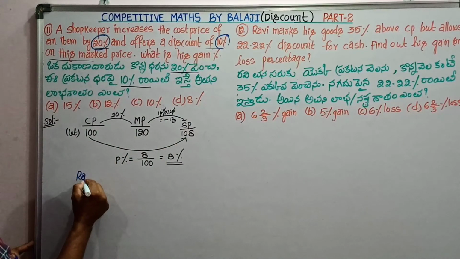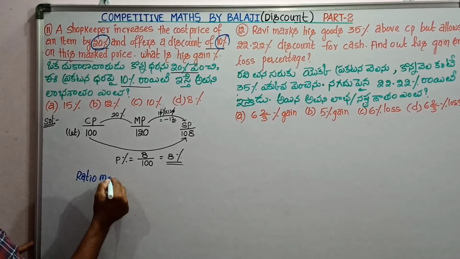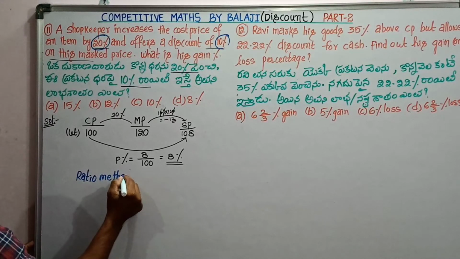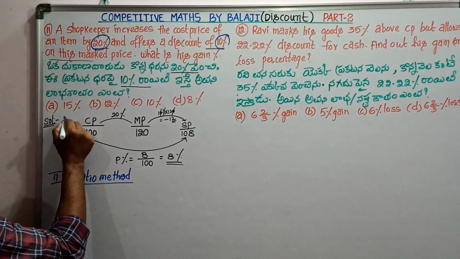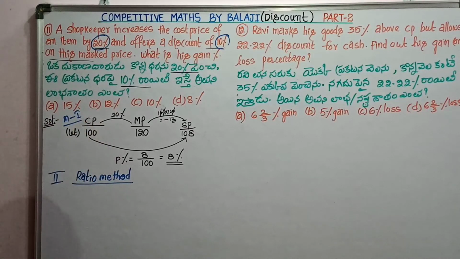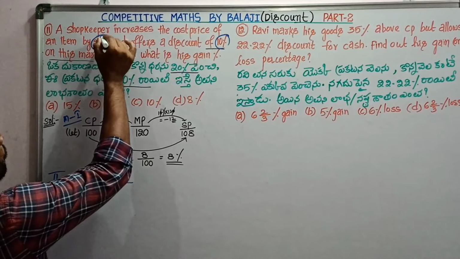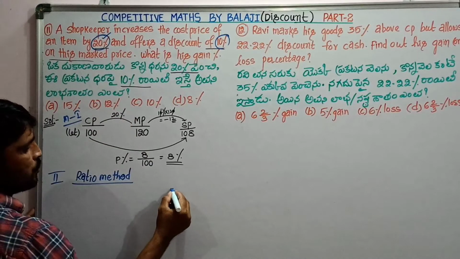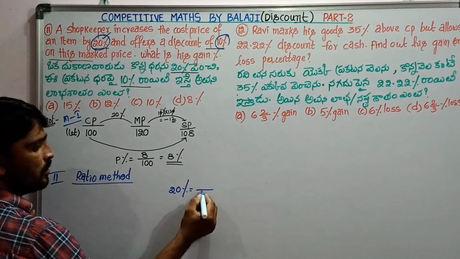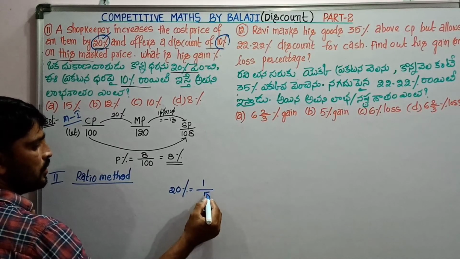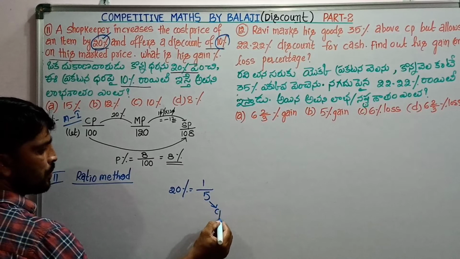Method 2, ratio method. This is method 1. Since markup percentage is 20% and markup is always allowed on cost price, the base is always cost price.